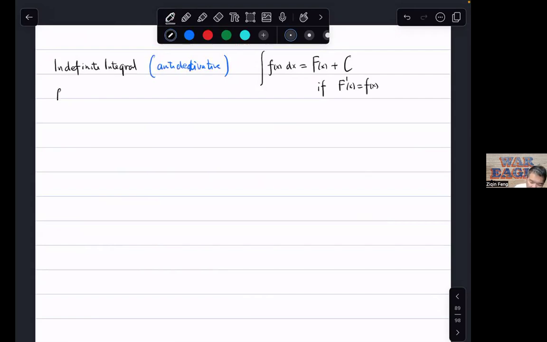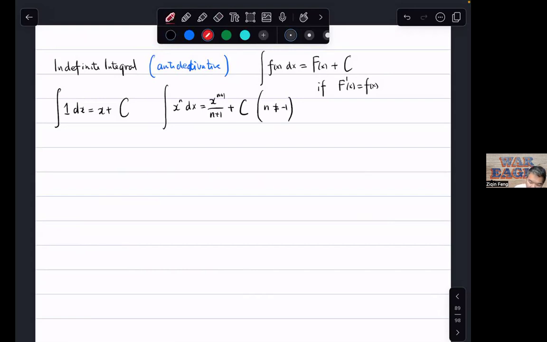So the indefinite integral of 1 dx is x plus a constant, and the indefinite integral of x to the n dx is x to the n plus 1 over n plus 1 plus c. This one has a restriction. n here cannot be -1. For other n, this always works.